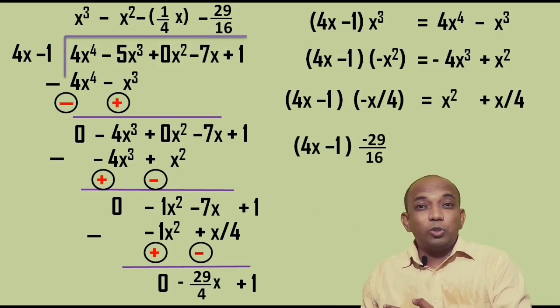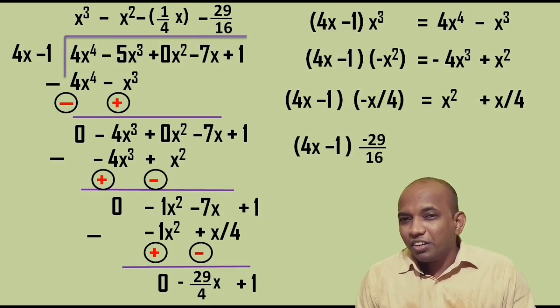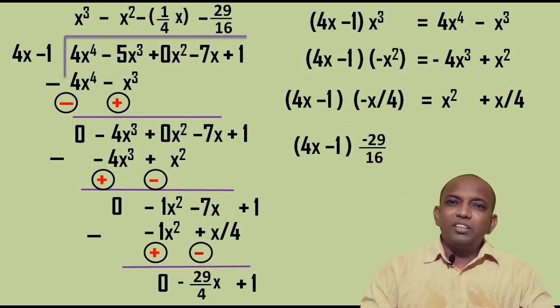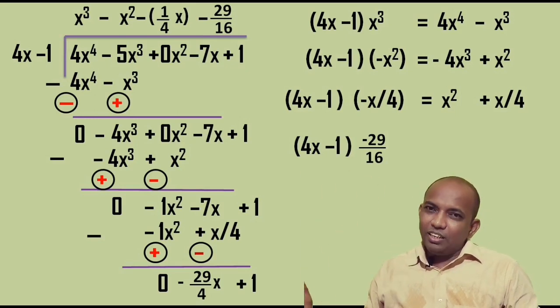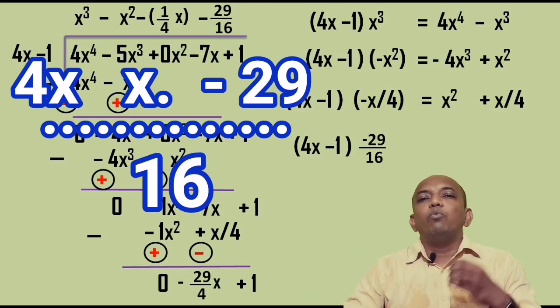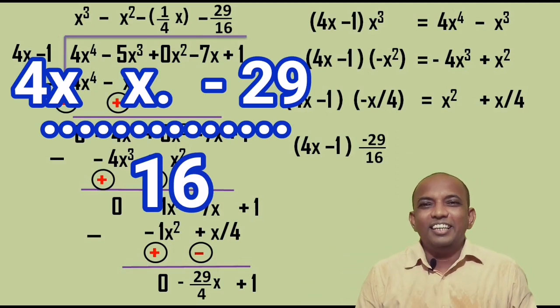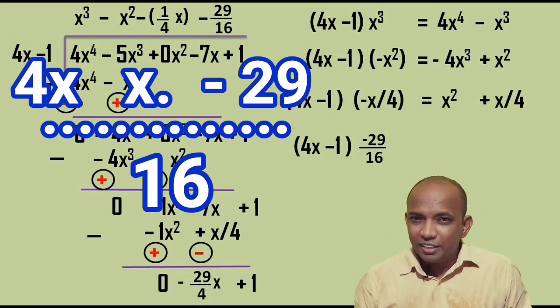Again, what to do? Yes, the fountain method. As a result, what do we get? Your first term will be the same, don't worry. Means what? 29 upon 16, when it will be multiplied by 4x, what should be the answer? Yes, that 4x first of all will multiply 29.